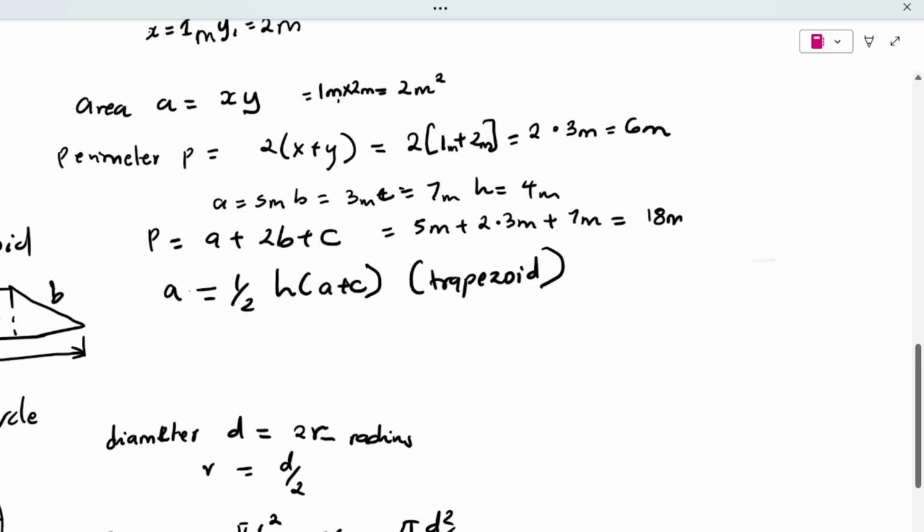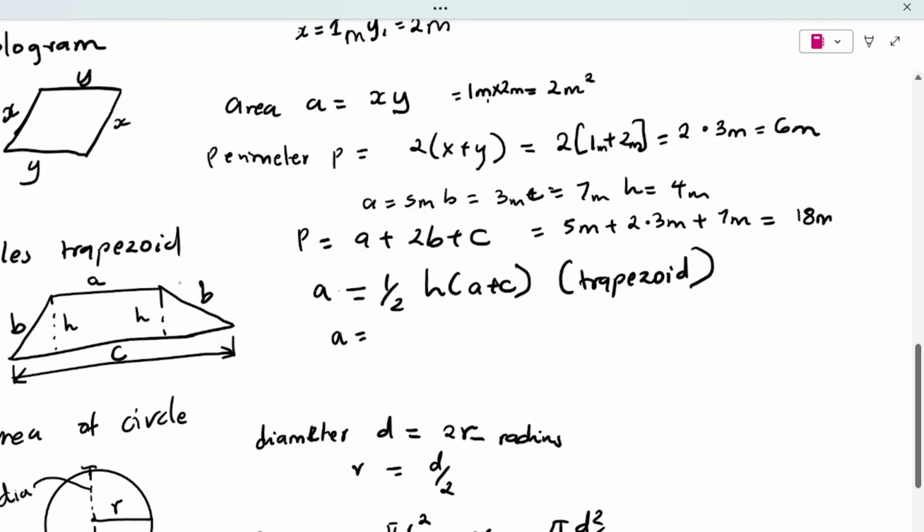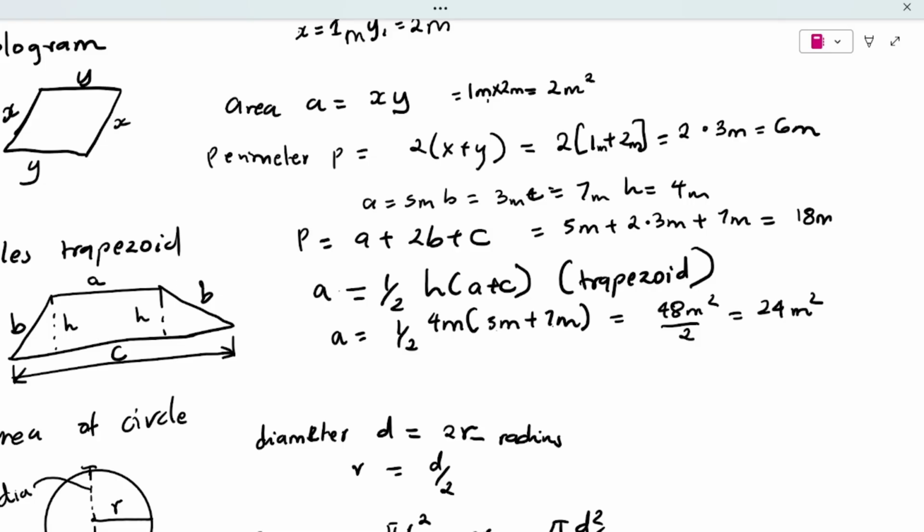This is the perimeter. For the area, it is a half times H, which is 4 meters, times A plus C, 5 meters plus 7 meters, so 5 plus 7 is 12. 12 times 4 is 48. So it is 48 meters squared divided by 2, which is 24 meters squared.